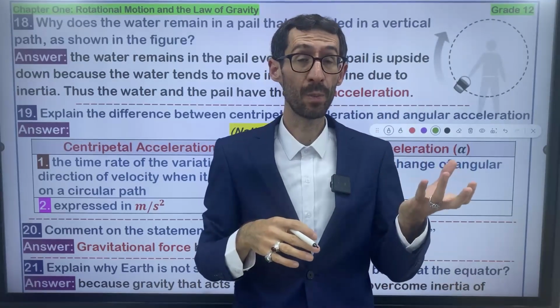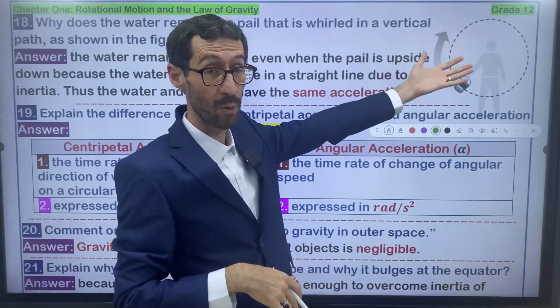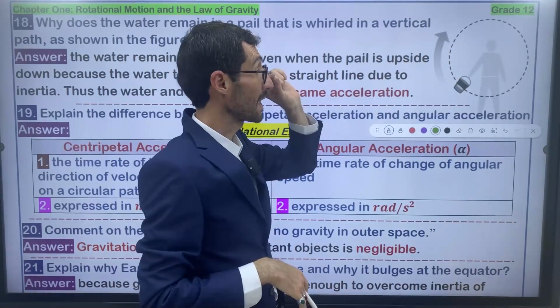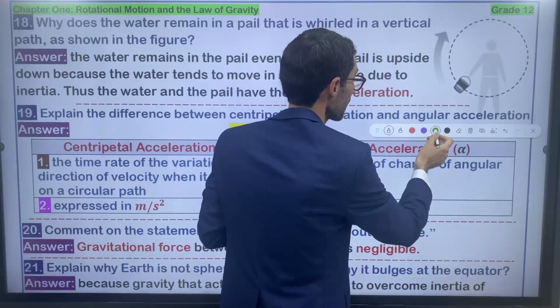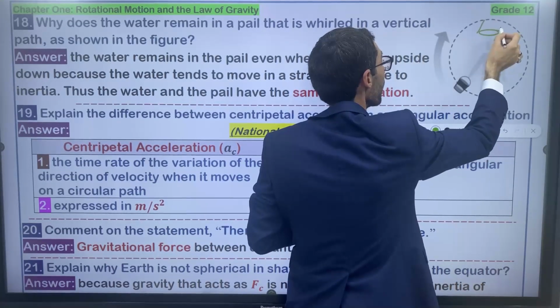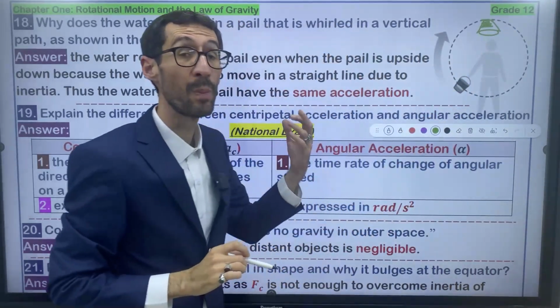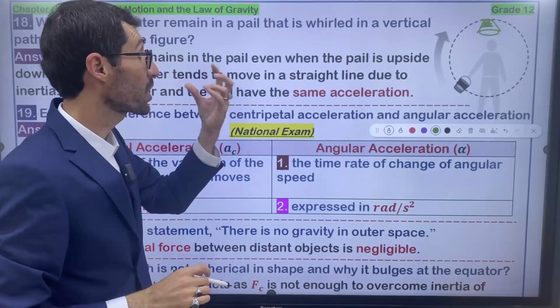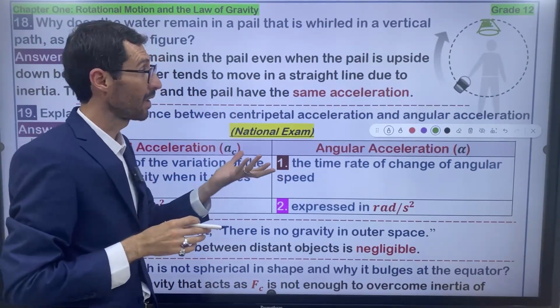Why doesn't water pour when the pail is upside down, especially at the top of the path? Which factor holds the water in a pail or in a bucket?